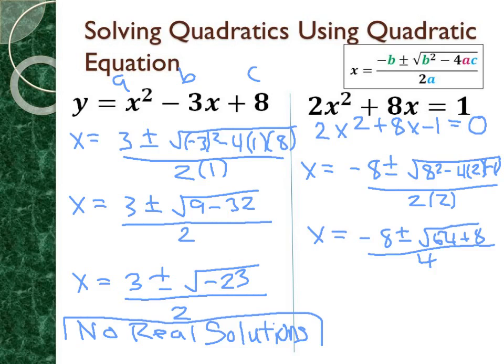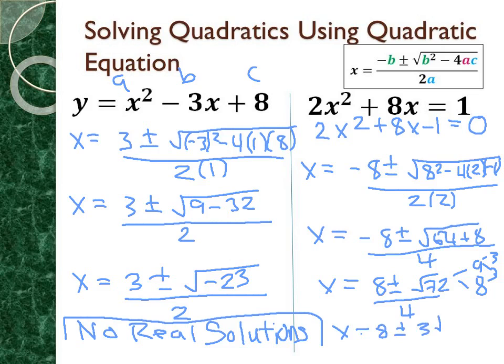So our solutions then are x is equal to negative 8 plus or minus the square root of 72 divided by 4. Since our 72 breaks down into 9 and 8, we can pull out a 3, since 9 is equal to 3 times 3. So we have our two solutions. x is equal to negative 8 plus or minus 3 square roots of 8, all over 4.